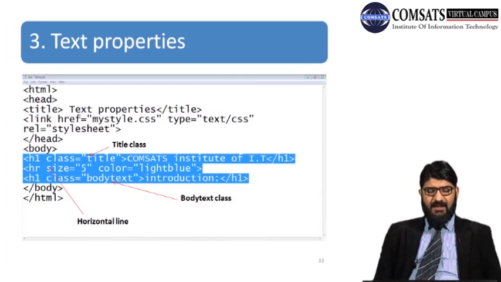Then HR size 5, HR is used to create a horizontal line, size is 5, and the color is light blue. Again an h1 heading is given, the class is the second class, that is body text, and the text will appear as Introduction. So we need to understand different classes and their relevant font styles and properties applied accordingly.